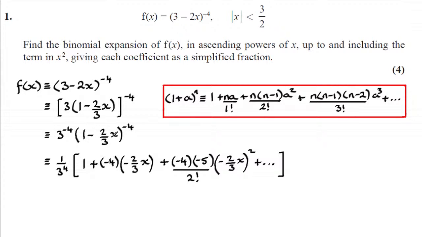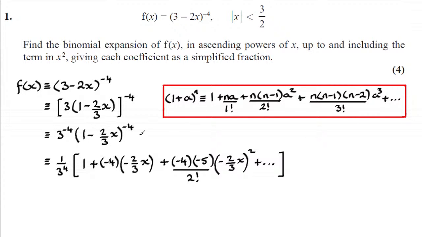And you're now going to substitute the a as minus 2/3 x. I did say that in the formula book, you'll often see it written as 1 plus x to the power n. I prefer just to think of it as a. You can see the a becomes the minus 2/3 x.